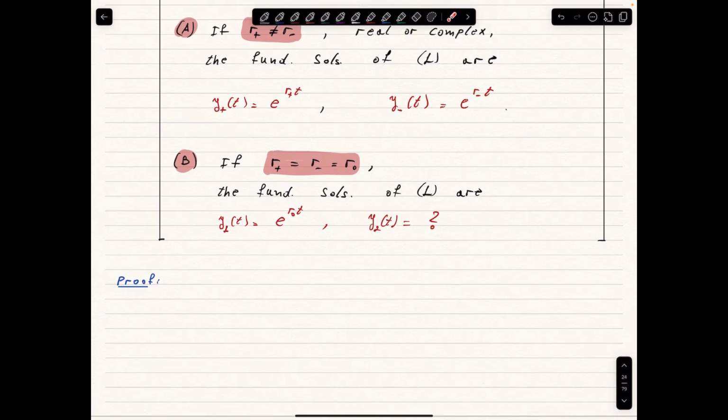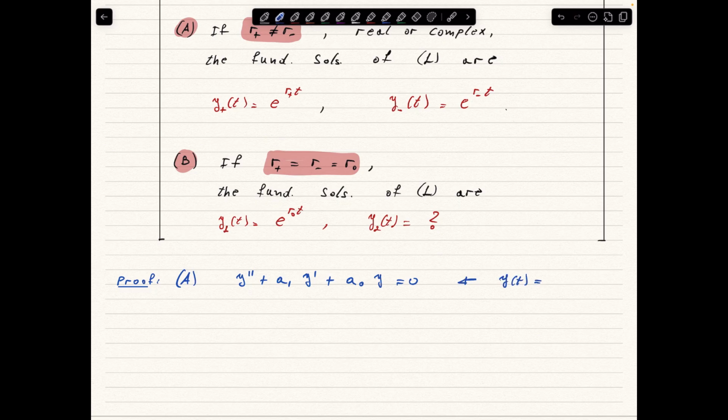We look for solutions that are exponentials. So this is what we are going to do now. Now that we have arbitrary coefficients, y double prime plus a1 y prime plus a0 y equals 0, we are going to do the same as we did in the example. We are going to look for solutions that are exponential of rt.